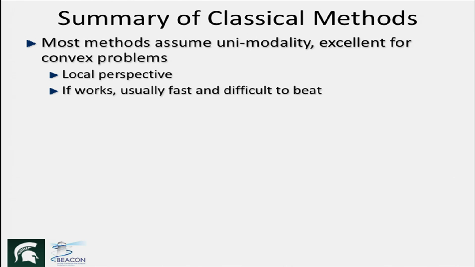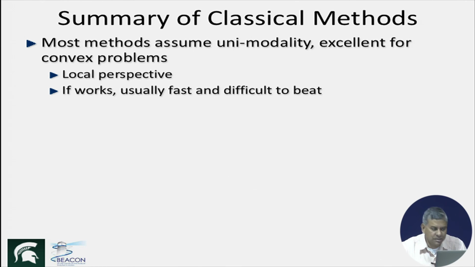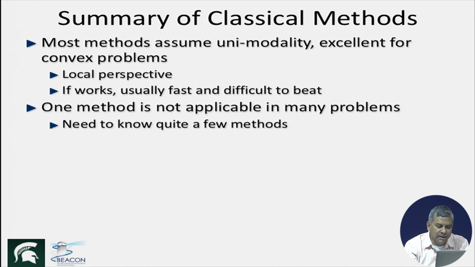So to summarize what we have done so far, starting with yesterday's session, we looked at most of these classical methods. They assume unimodality, excellent for convex problems. We also mentioned one method not applicable to many problems when we talked about NFL, and that sometimes carries over here as well.